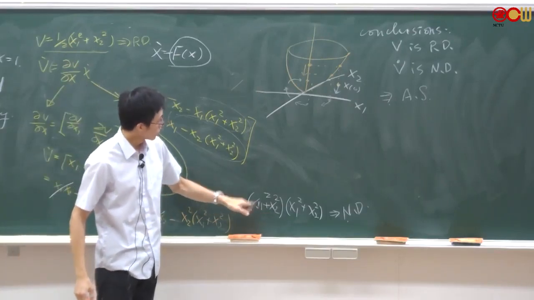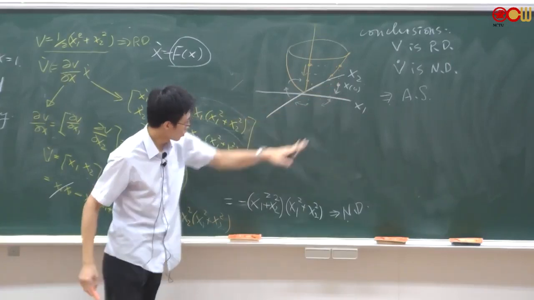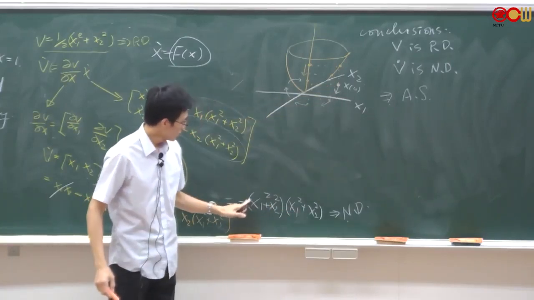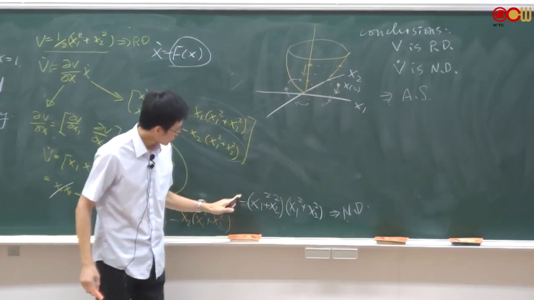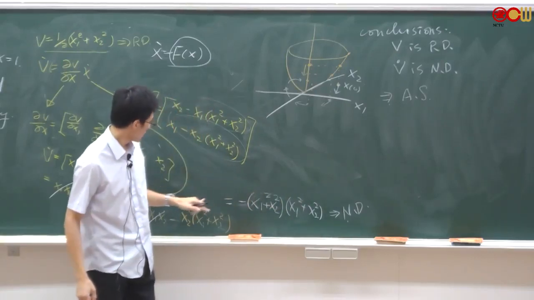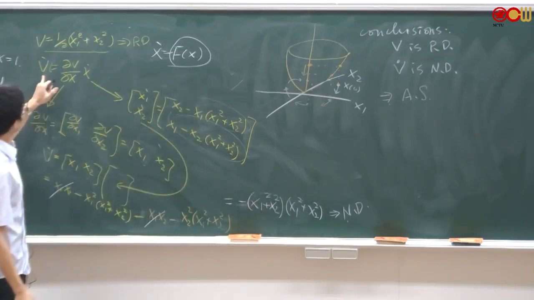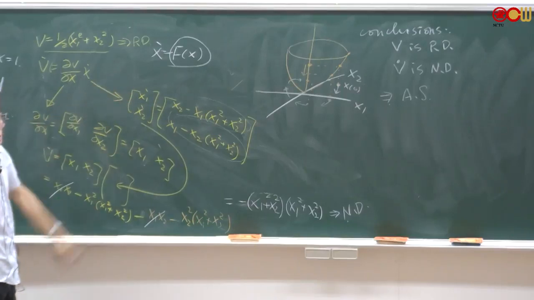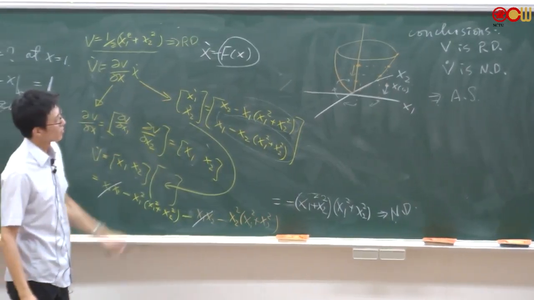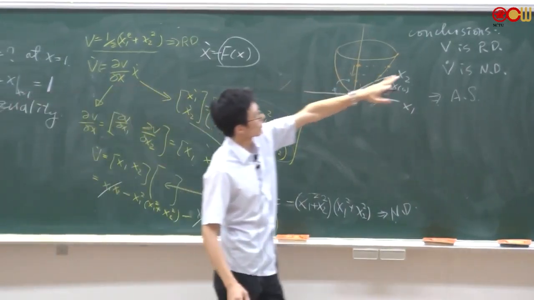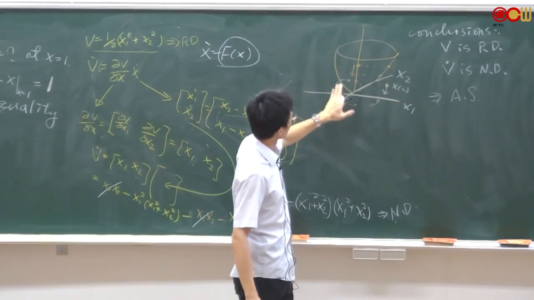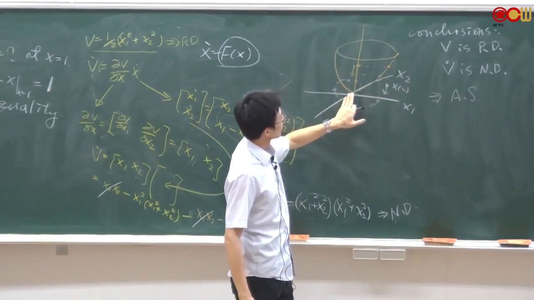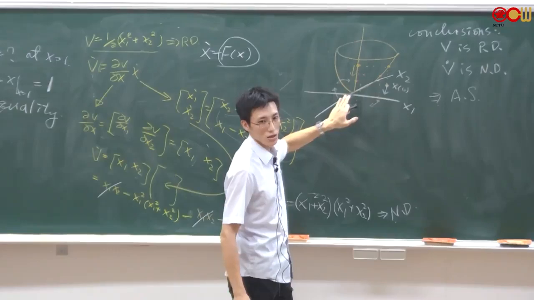You substitute at this location and this location, it's always positive and always negative. So v dot always decreases, and the Lyapunov function is positive, definitely. The only zero of the Lyapunov function is at the origin.